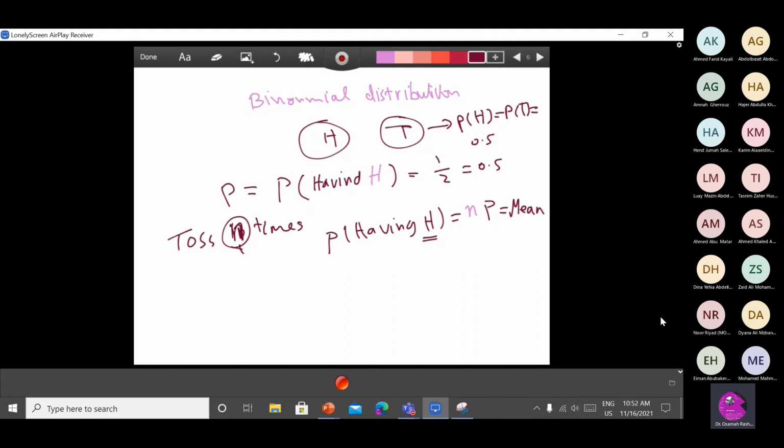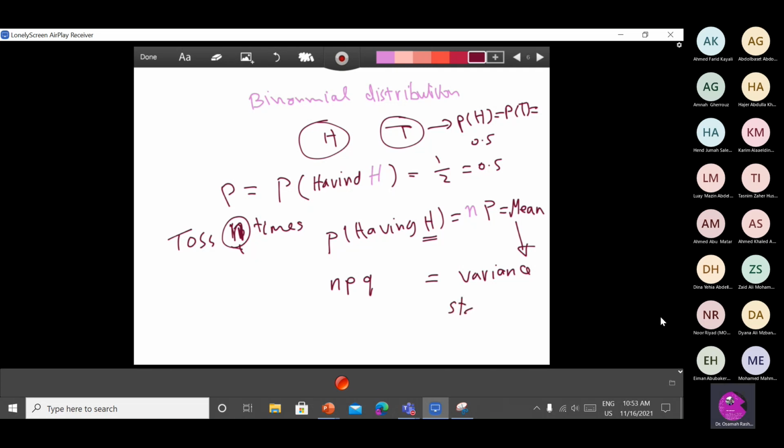Okay, once you have the mean, you can talk about the variance. So what is the variance? Yes, it will be NP times Q. So this is the mean, this is the variance.